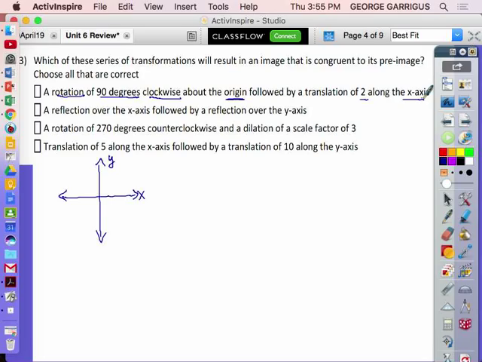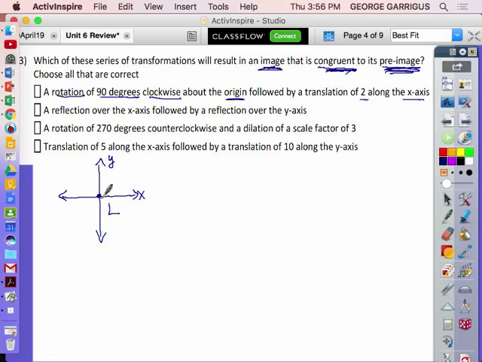And let's go back to the original question. Which of these series of transformations will result in an image that is congruent to its pre-image? So it starts at the pre-image, and then it has an image. Okay? So let's say we had the letter L. And it's going to rotate 90 degrees, so it's going to rotate about the origin.